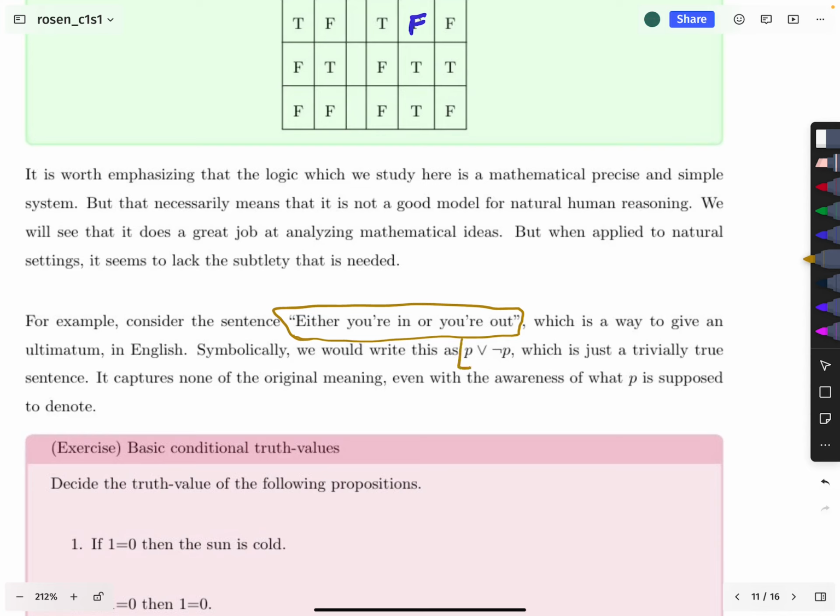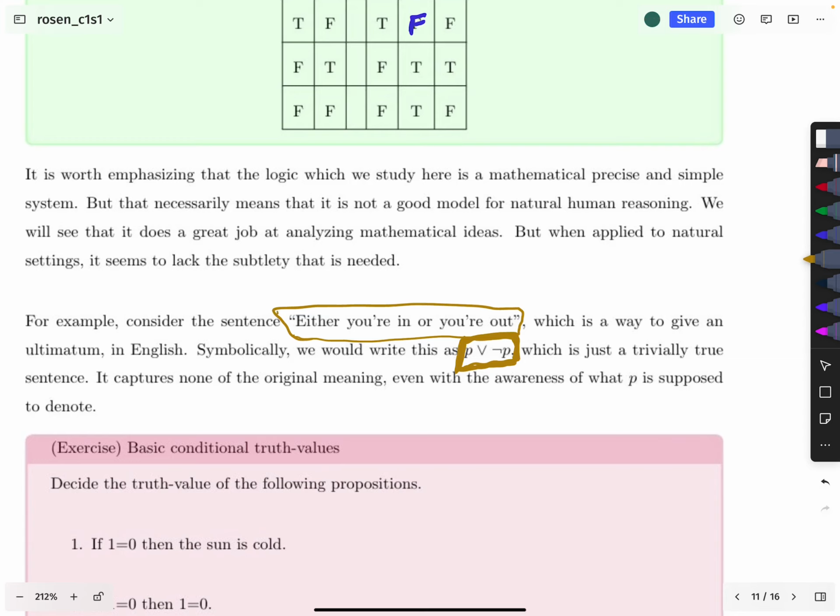But if we formalize that with logic, that is essentially saying, if P is the sentence you're in, then P or negation P. If you're not in, then you're out, then it's effectively telling you nothing. It's saying basically P or not P, which is so trivially uninformative as to be not worth saying. So from a pure logic perspective, if you communicated that, you would have communicated nothing.